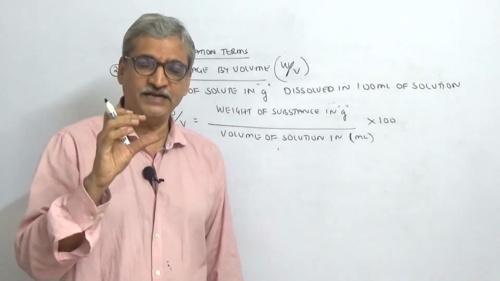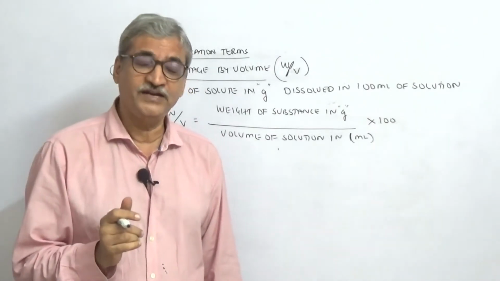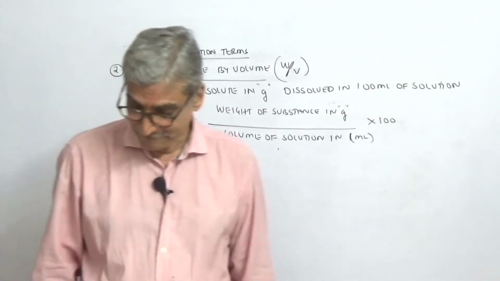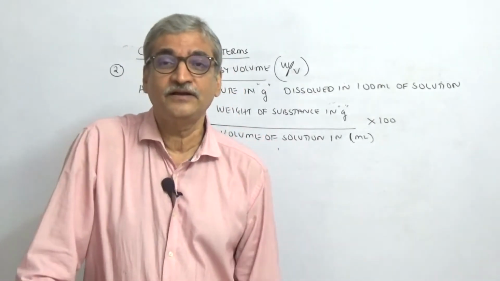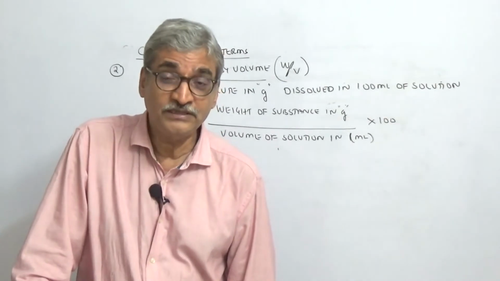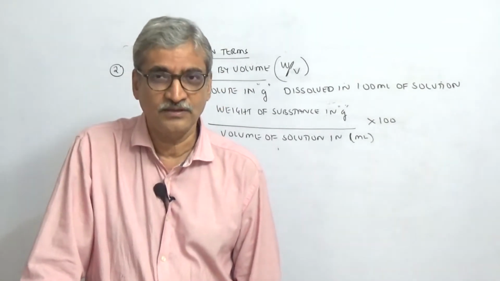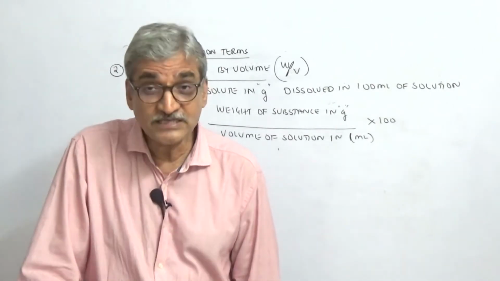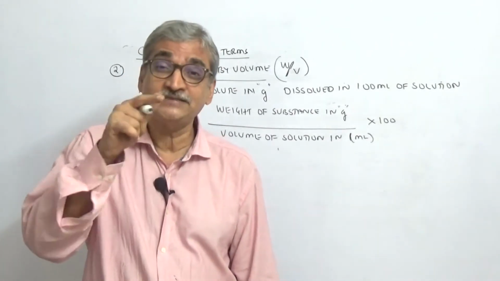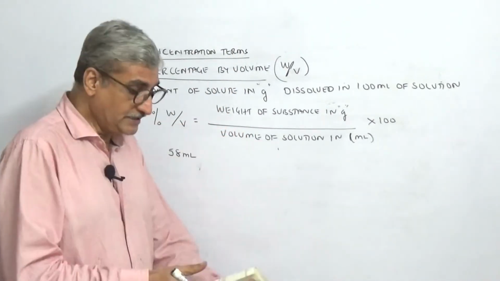Suppose you take 58 ml of ethyl alcohol, add 42 ml of water, don't think the volume of solution will be 100 ml. Very characteristic behavior of ethyl alcohol, the volume decreases. This has been asked as one of the physical properties of alcohol.